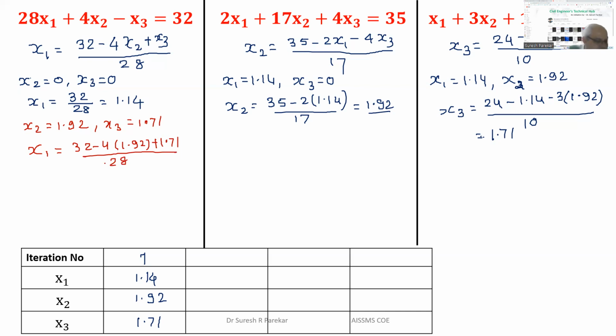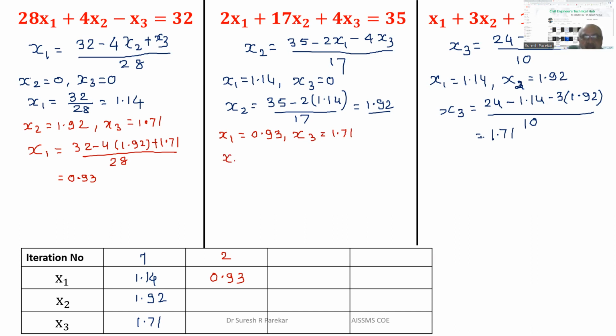Calculating this value, I have x1 equal to 0.93 in the second iteration. Now for x2, I take x1 equal to 0.93 and x3 equal to 1.71.